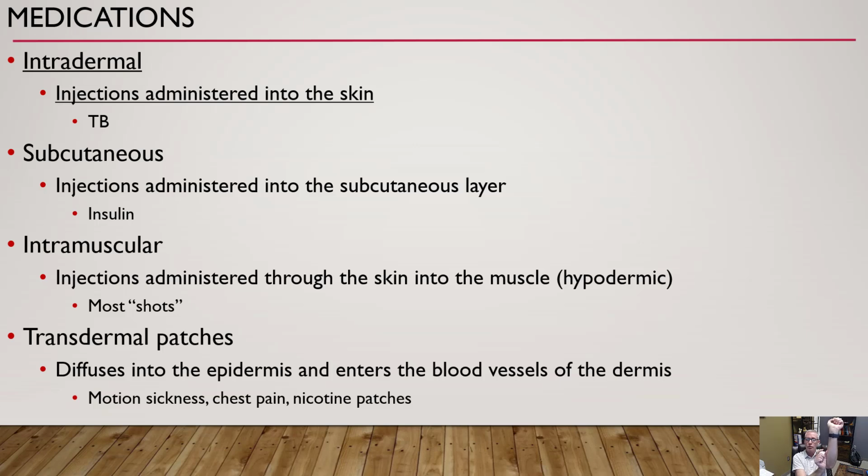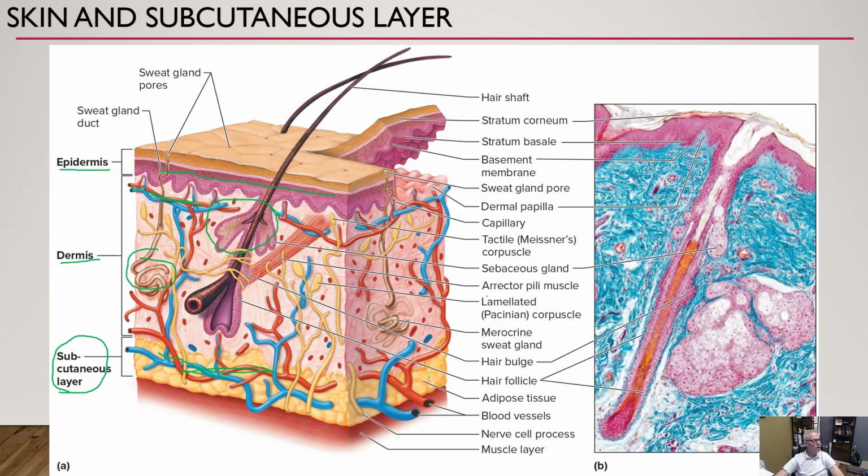Those are intradermal injections. Subcutaneous injections go into that subcutaneous layer. So think of your insulin shots that you put in your belly. Those are going to go down here into that adipose areolar connective tissue layer.